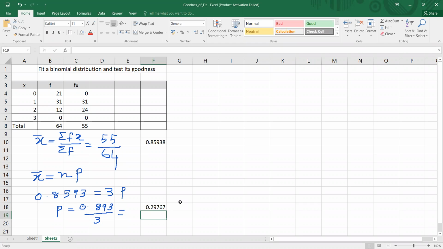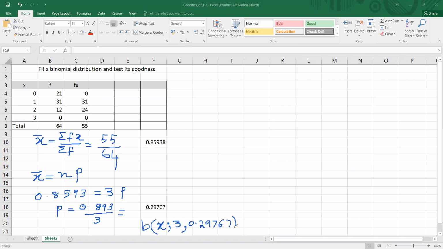Now we have to calculate the probabilities of the binomial model with the help of P and N. So B of X, I have written X in the Excel, with the semicolon, N is 3, and the value of P is 0.29767.